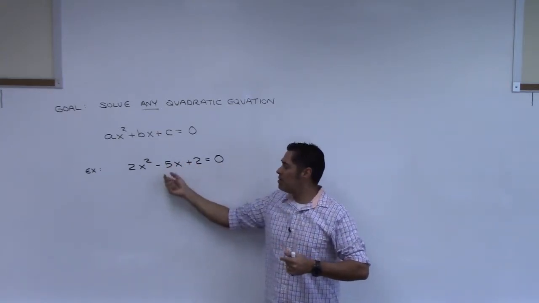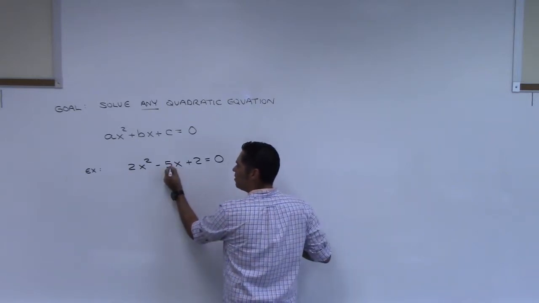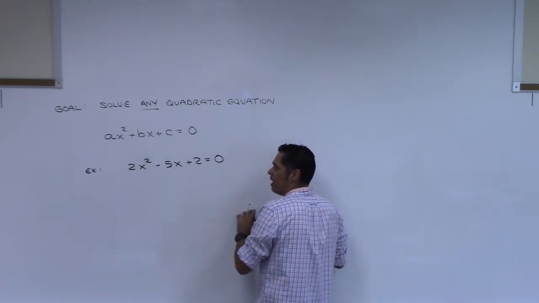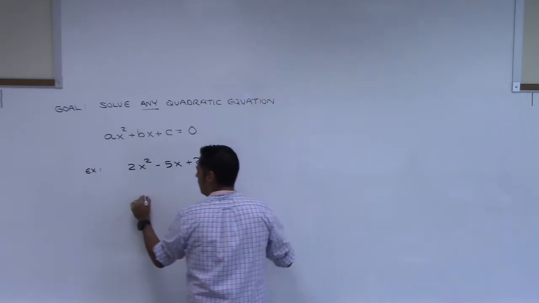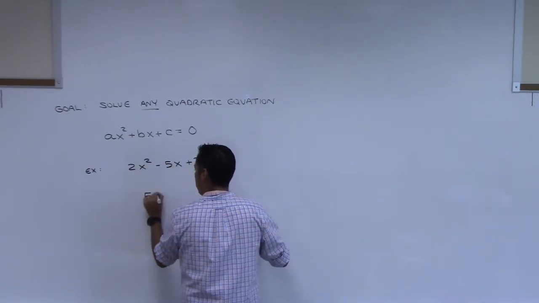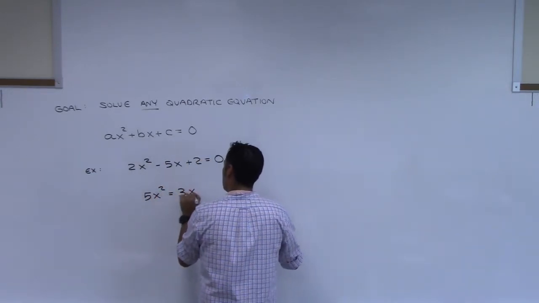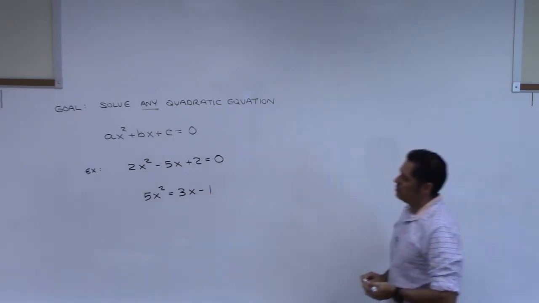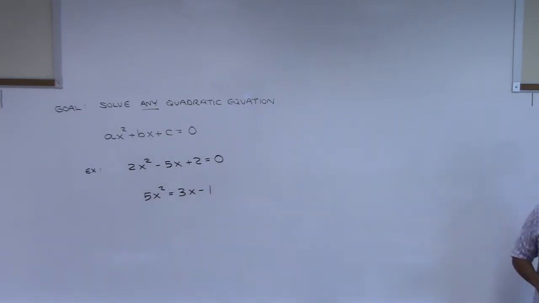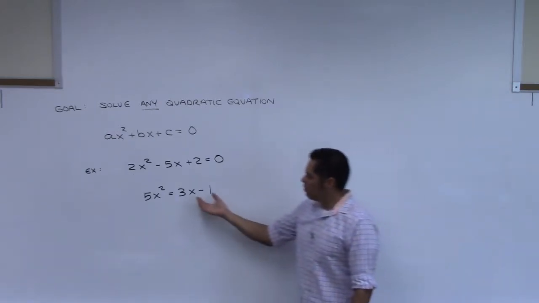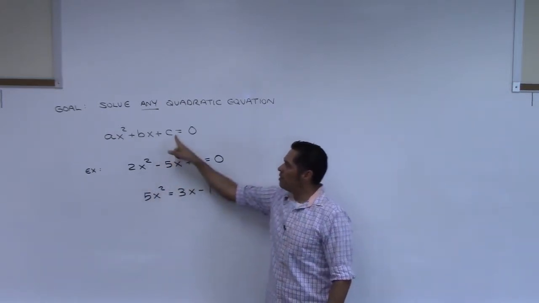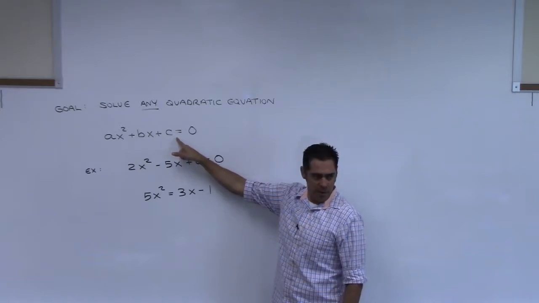So this is an example of an equation that we can do that with. Here's another example. Does everyone see that that is also a quadratic equation? And that if you moved everything over to one side, then it would look like this, right?